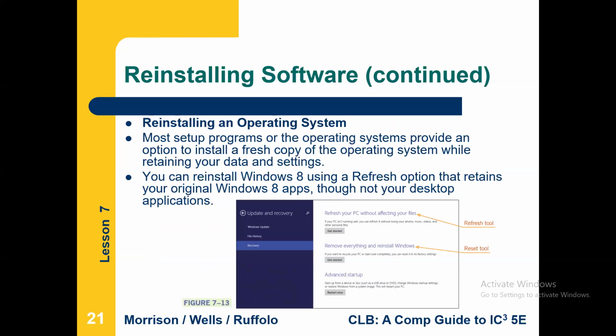So, reinstalling an operating system. Most setup programs or operating systems provide an option to enable a fresh copy of the operating system while retaining your data and settings. This usually happens if you already have an operating system. Maybe you have Windows 7 and you want to move to Windows 8.